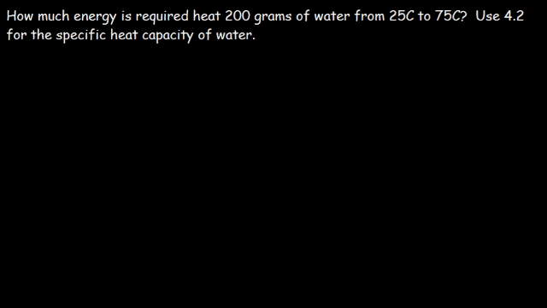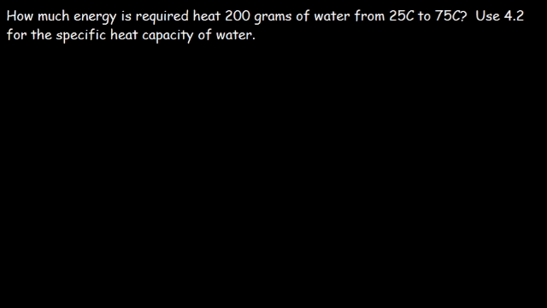So let's work on a few practice problems. How much heat energy is required to heat 200 grams of water from 25 to 75 degrees Celsius? So let's use 4.2 instead of 4.184 for the specific heat capacity of water, just to keep the calculation simple. So this is a temperature change problem because the temperature is going up.